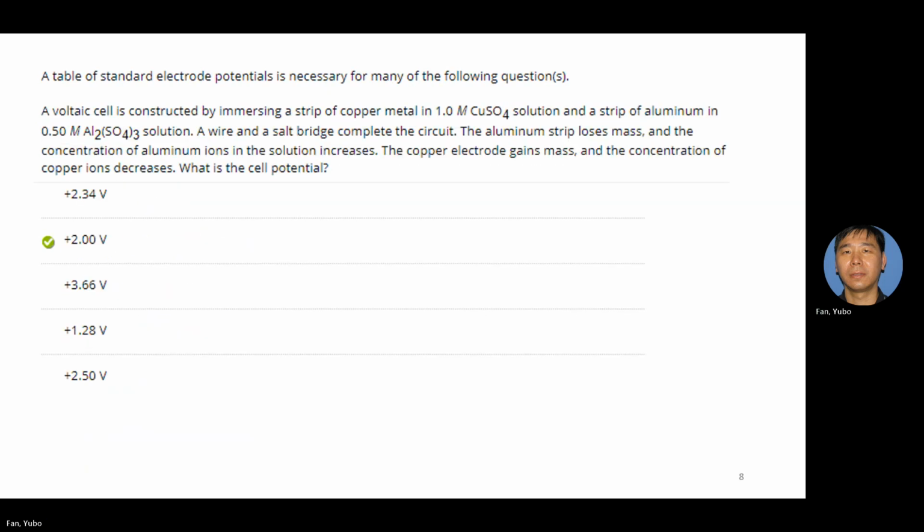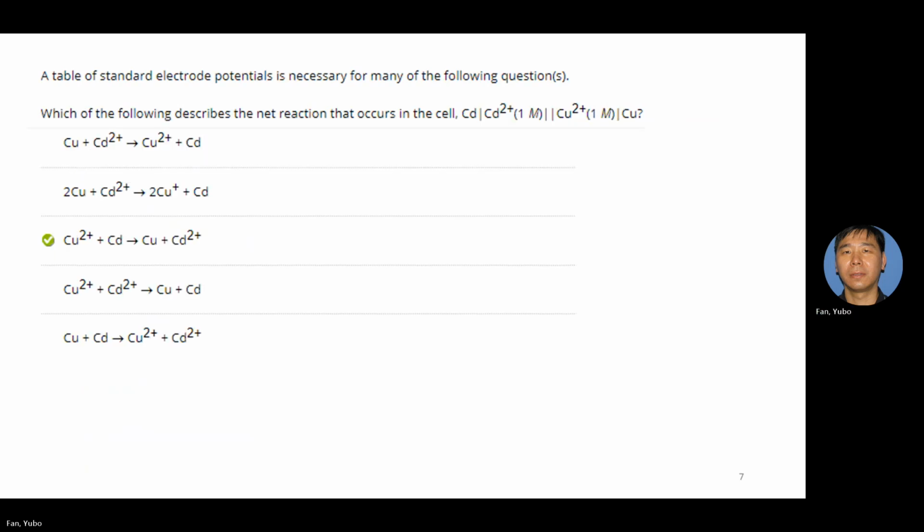Next question. A cell, or we can call it a battery. Question 7. Which of the following describes the net reaction that occurs in the cell? Still the same cell notation shown here.